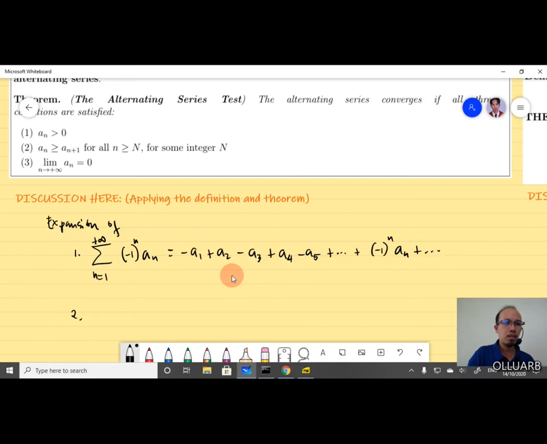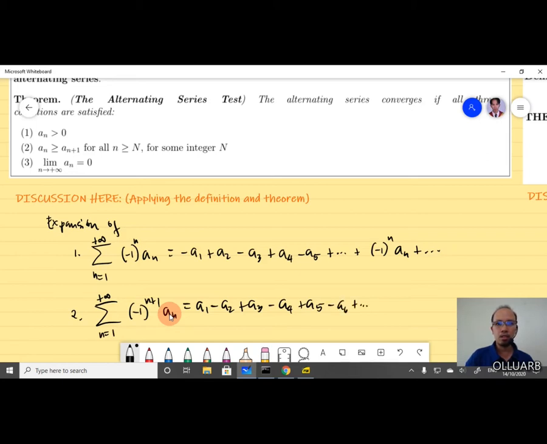For the second one, we have negative 1 to the n plus 1, a sub n, where n starts again from 1 based on our notation. When n is equal to 1, we have 1 plus 1, which is 2, so we start with a positive number. So we have a1 minus a2 plus a3 minus a4 plus a5 minus a6, and so on and so forth.